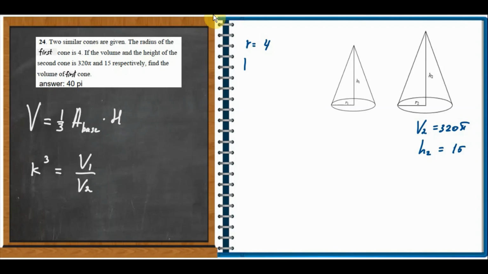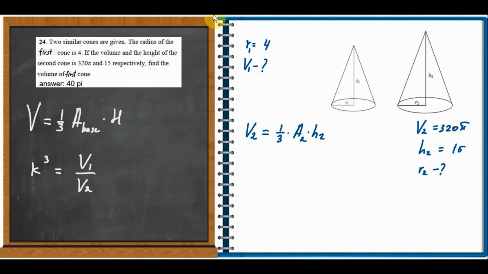In order to find the volume of the first cone, let's find the radius of the second cone to compare these two cones. Now, let's write the volume formula of the second cone. It's 1/3 of the area of the base of the second cone multiplied by height 2.